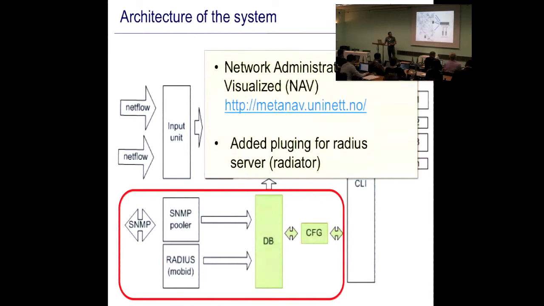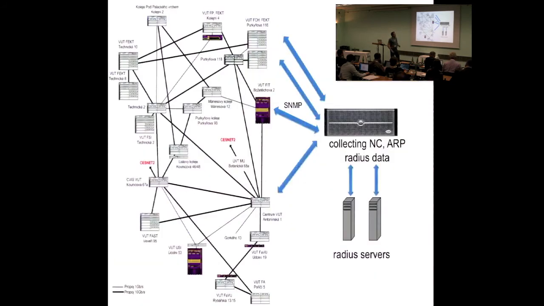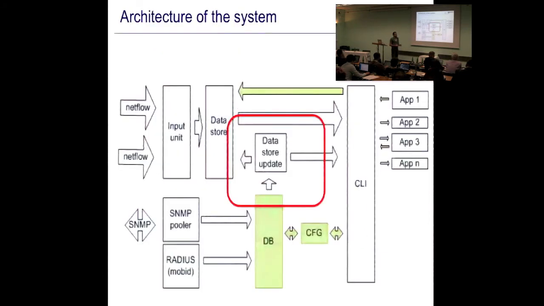So we have this architecture. We have several sources of data: NetFlow data from NetFlow probes, some SNMP data directly from devices that operate on the network, and some external data about users from the RADIUS servers that we operate. Now the problem is how to put all this data together to have valid information.